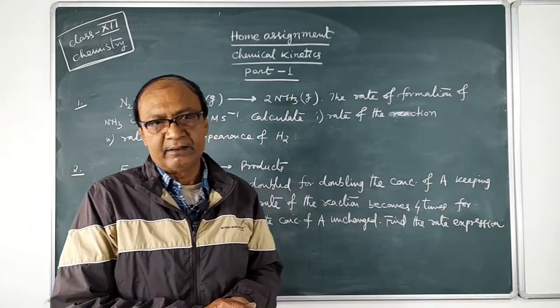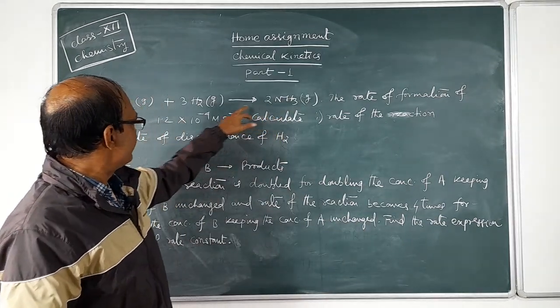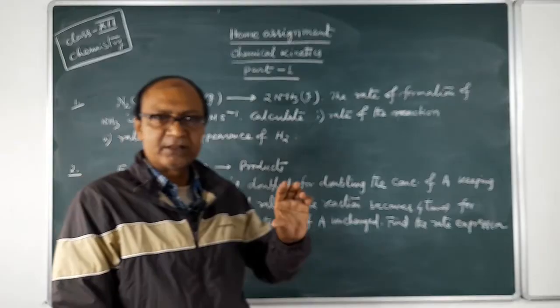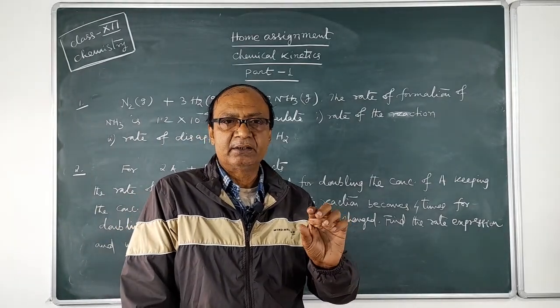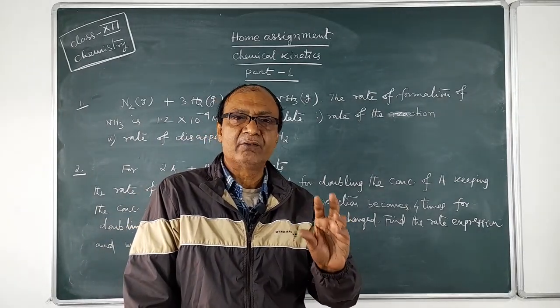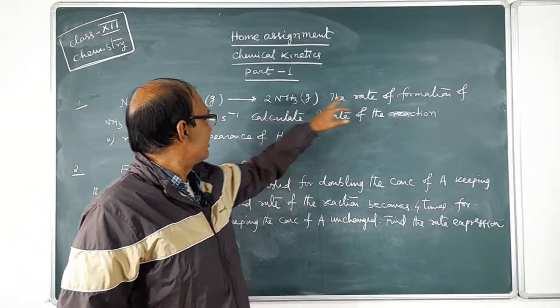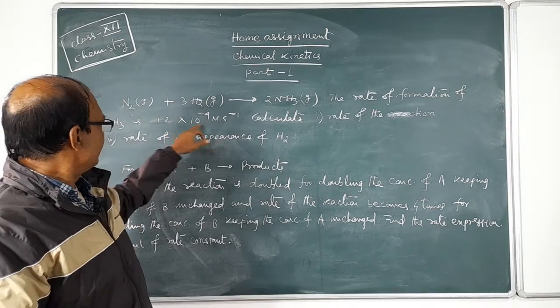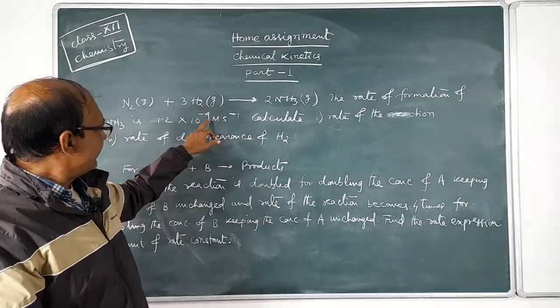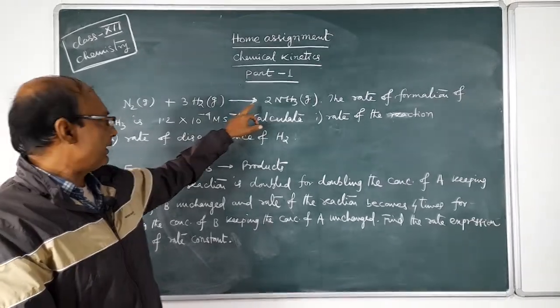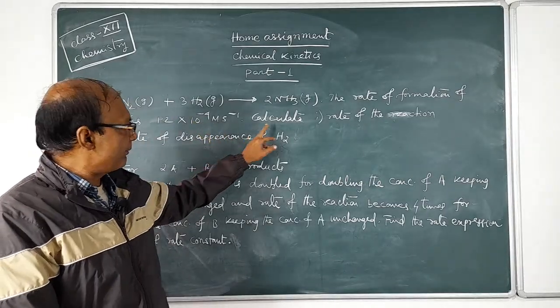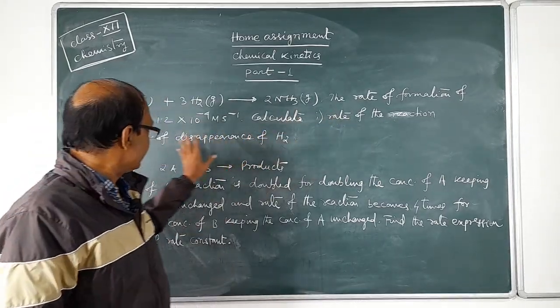You know that the stoichiometric coefficient has a special role there. This is the initial form of finding the rate: the rate of formation of ammonia is given, a numerical value in molarity per second, and you have to calculate the rate of the reaction.